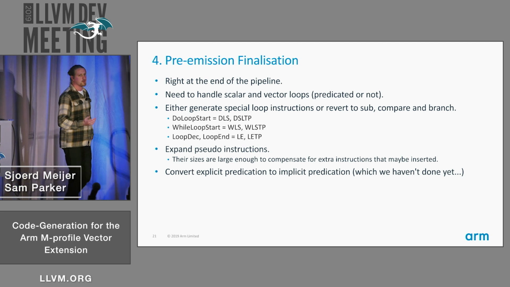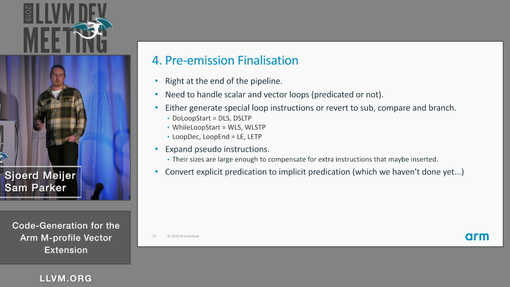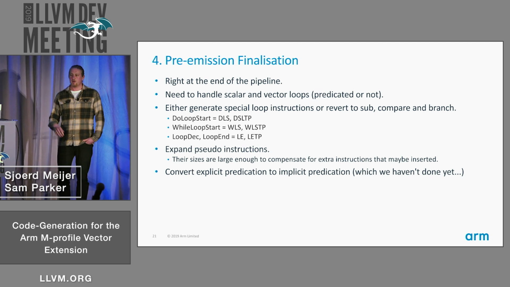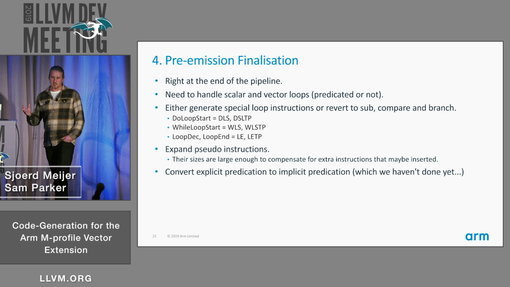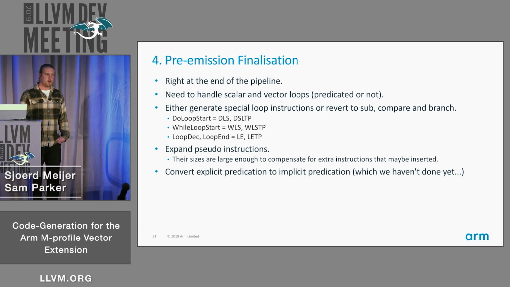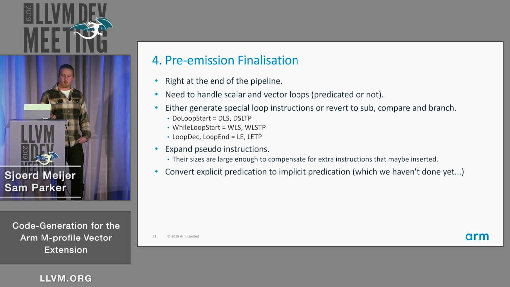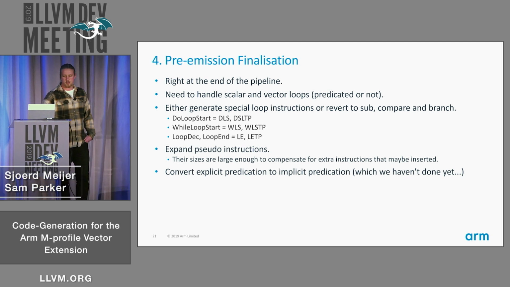If we're reverting and we can't generate our special instructions, we have to generate, say, a sub, compare, and branch. So the pseudos have to be specified large enough that they cover this case. And finally, we're going to be trying to convert our explicit predication to more implicit, and that is on our to-do list.